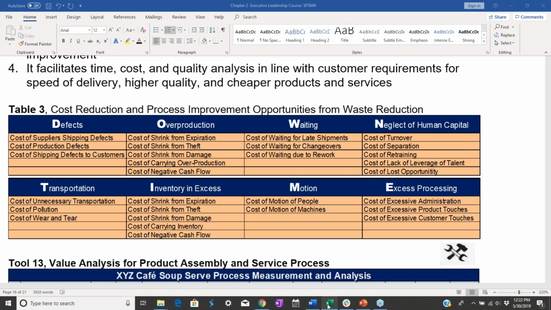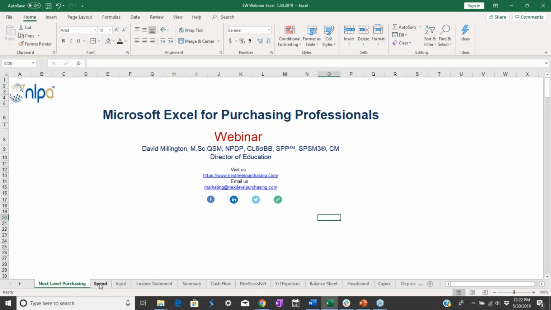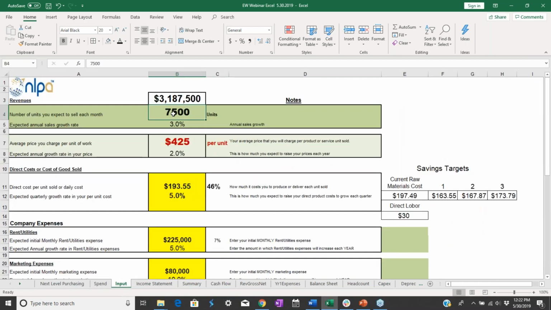If you go back to the input sheet, we see 7,500 units, if that was the demand. But in actuality, we had to ship out 7,000 or 8,000 units because 500 were defective.